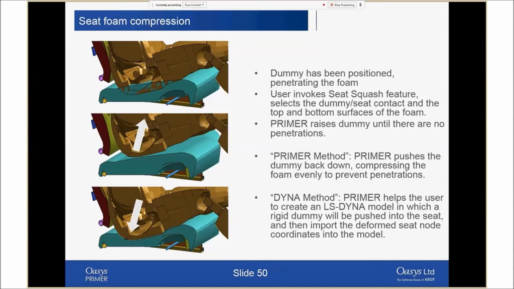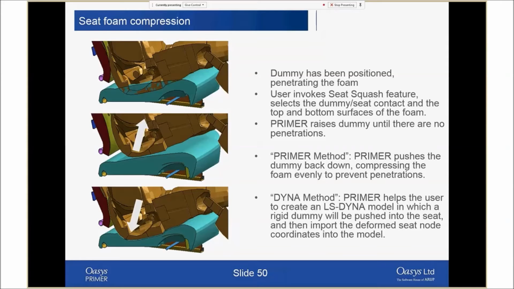There's a tool in Primer called Seat Squash, and this is used for solving this problem. There are two methods here: a Primer method and a Dyna method. In both cases, the occupant is moved out of the seat, away from the H point location.